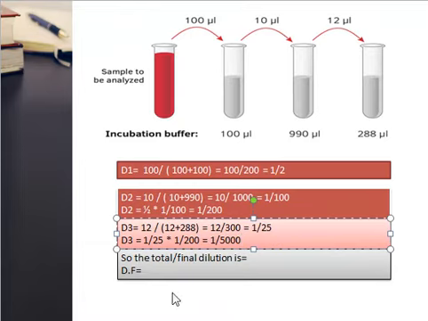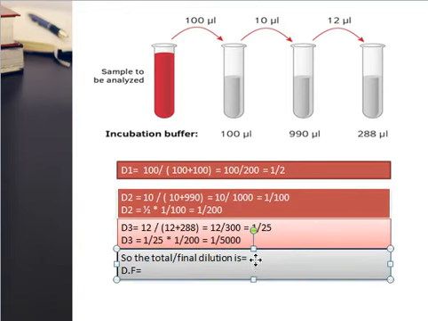The final dilution can be calculated either from the dilution of each tube, 1/2 multiplied by 1 over 100 multiplied by 1 over 25, or as the dilution of the third tube, which is 1 over 5,000.